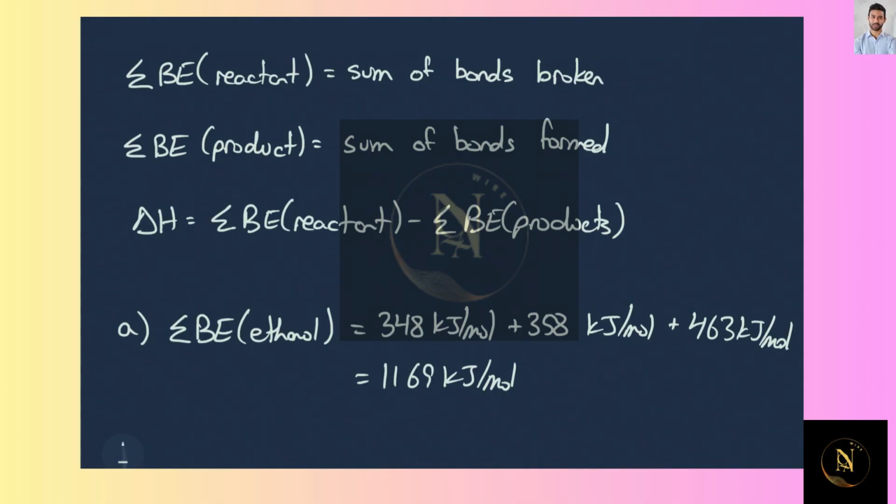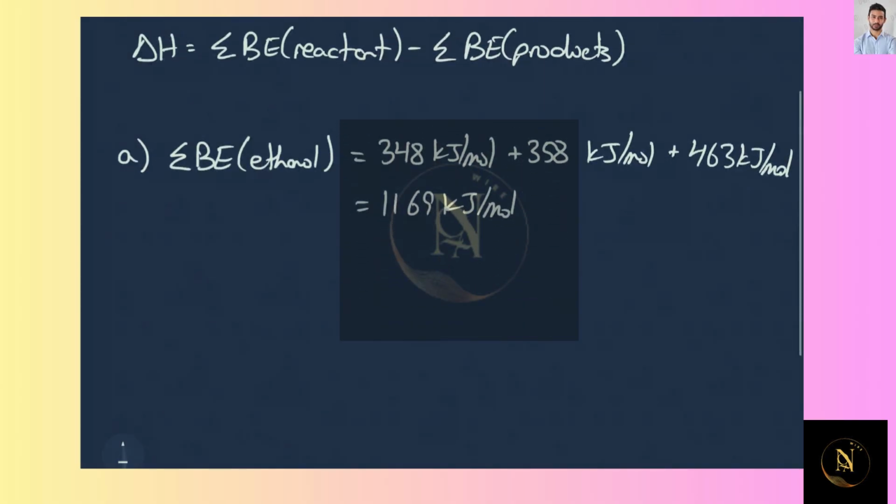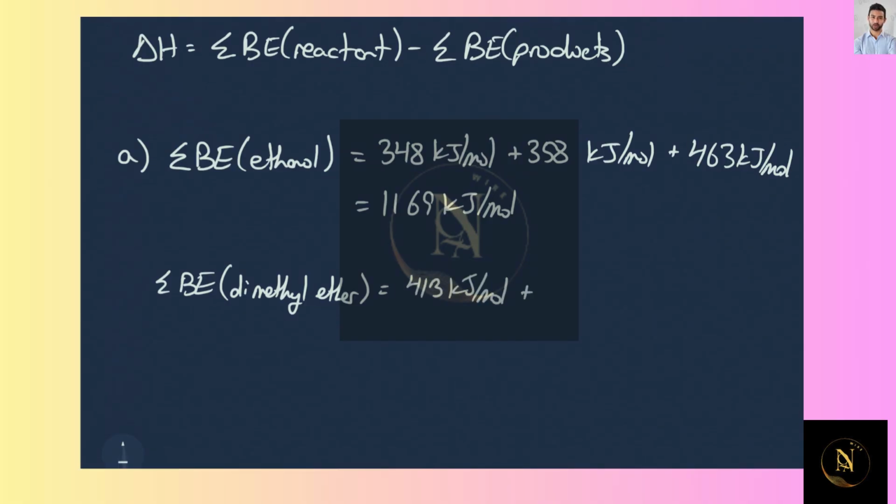And for the product, the sum of the bond energy for dimethyl ether, we're going to form a CH bond. We're going to form a CO bond.